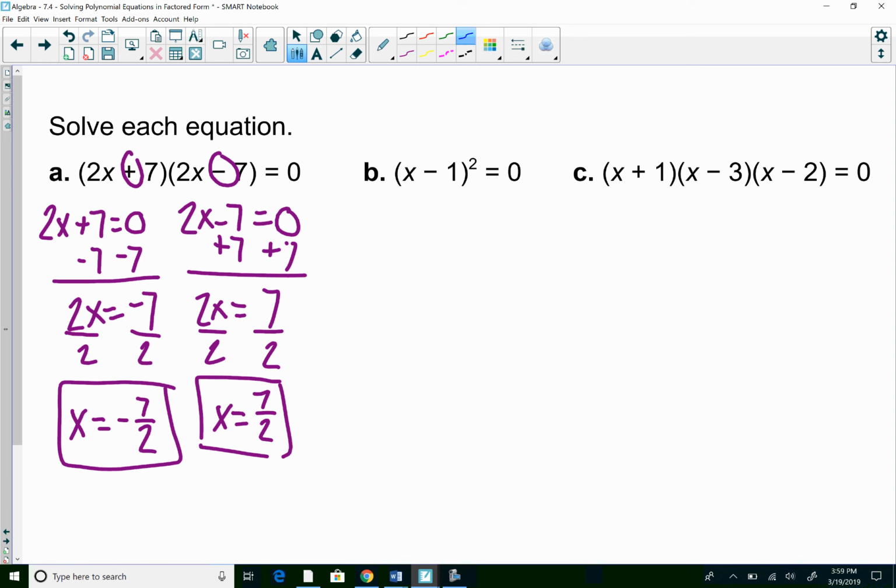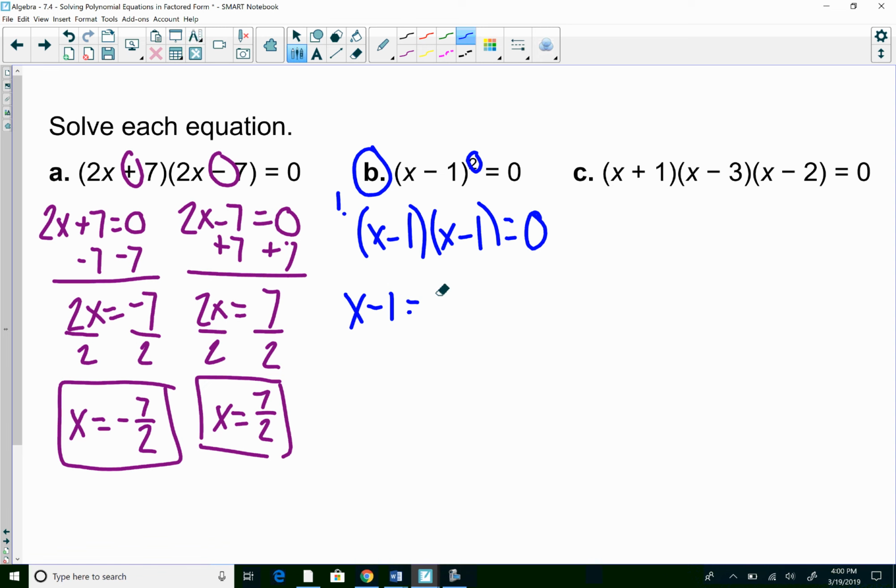Okay, now letter B is an interesting problem because there's 2 ways that you can solve it. First way that you can solve it, and the way that I kind of like better, just because I do. Take each of these, since you've got this squared up here, take it and separate it into 2.